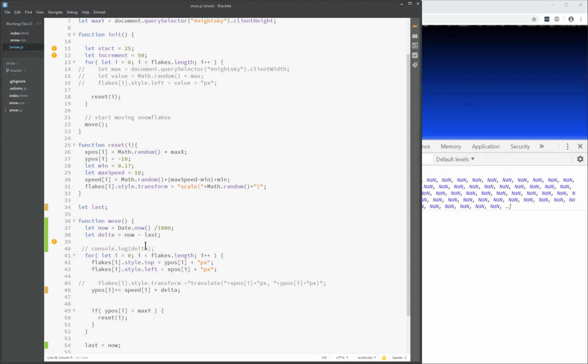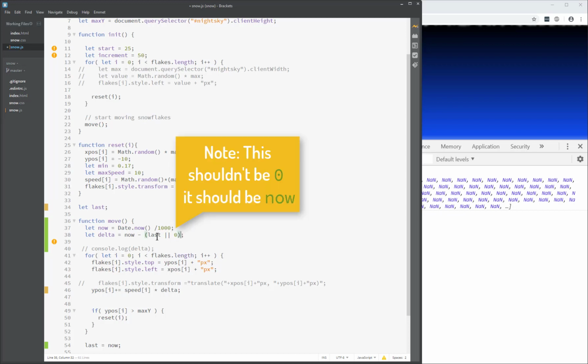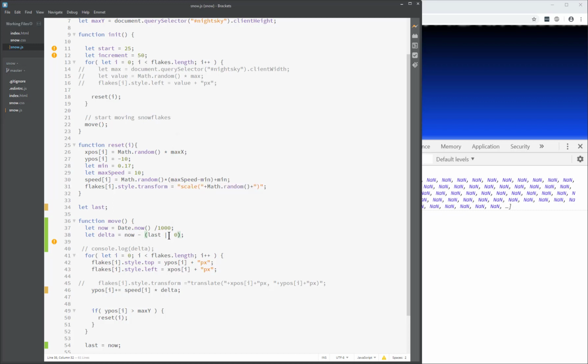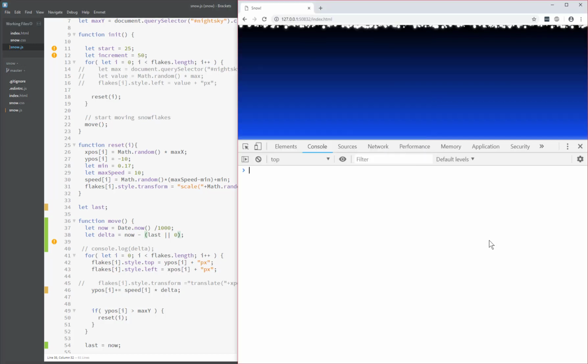Why is that? Ah yes, the very first time we get it, last does not exist. So we can do like this, say last or 0. That means if last is undefined, then we get 0, and then it's like no time has passed at all. Let's see how this goes.